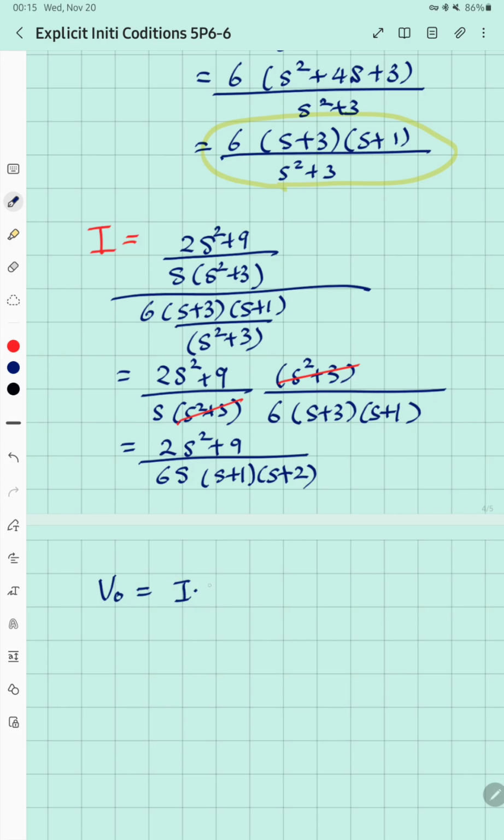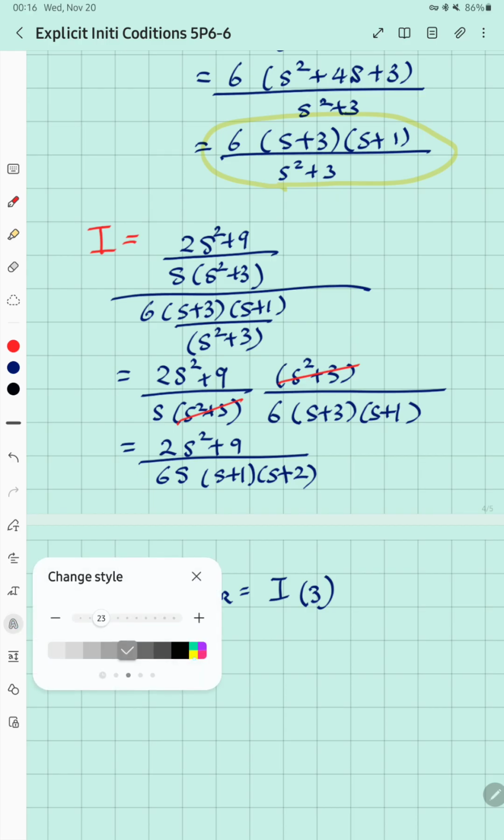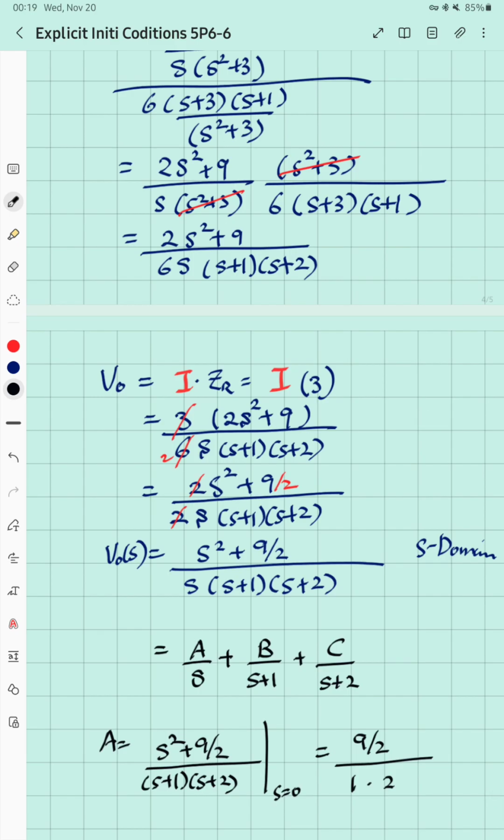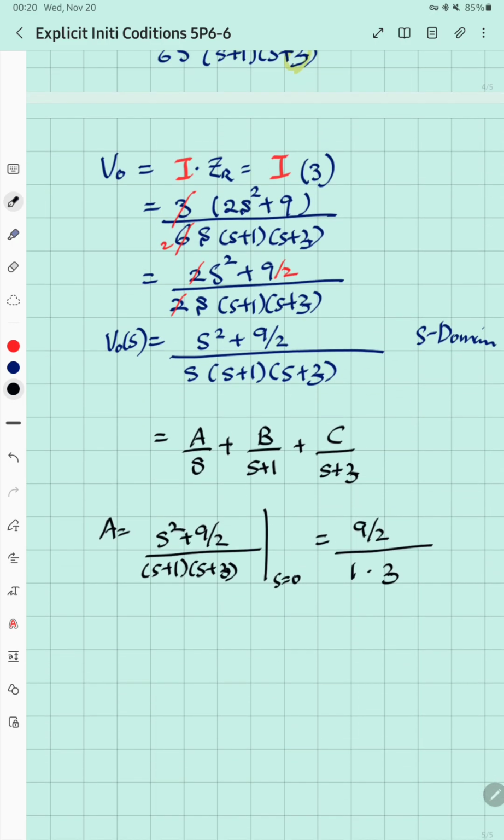That is I times Z. I is this I, and then R was 3, right? I just fixed it, that was over 3 here and over here. I think there was a copying mistake from here to here, so I have corrected it to be not 2 but 3. All right, and then this one cancels out. You end up with A equal 3 over 2.